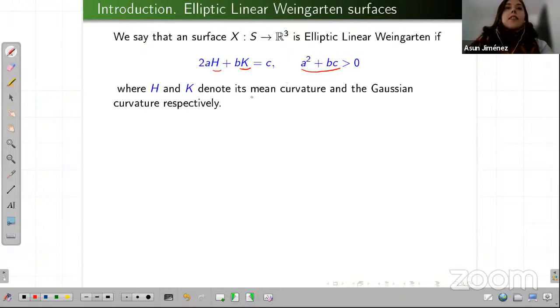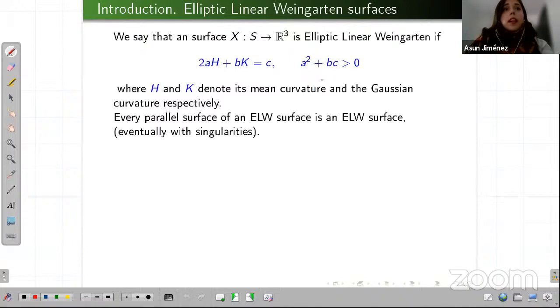If you put A equal to 0, you have constant Gaussian curvature surfaces, and if you put B equal to 0, we are talking about constant mean curvature surfaces. So in some sense, this is a generalization of these well-known types of surfaces in differential geometry.